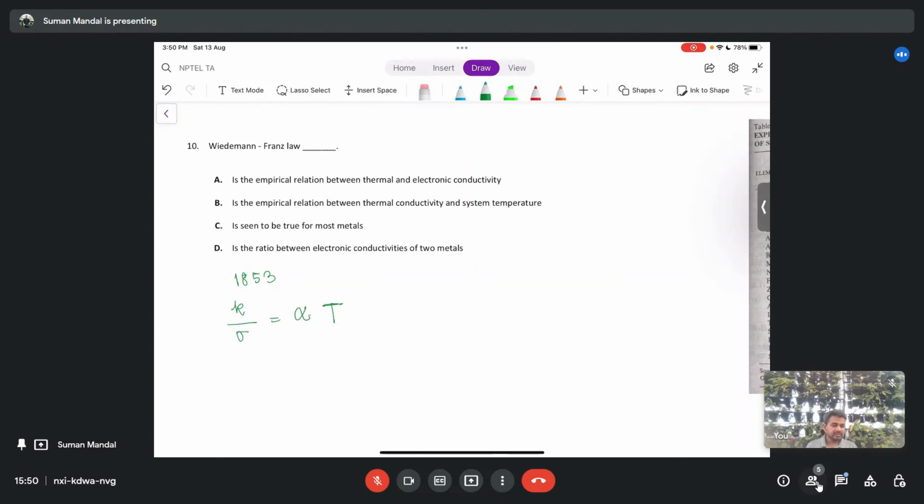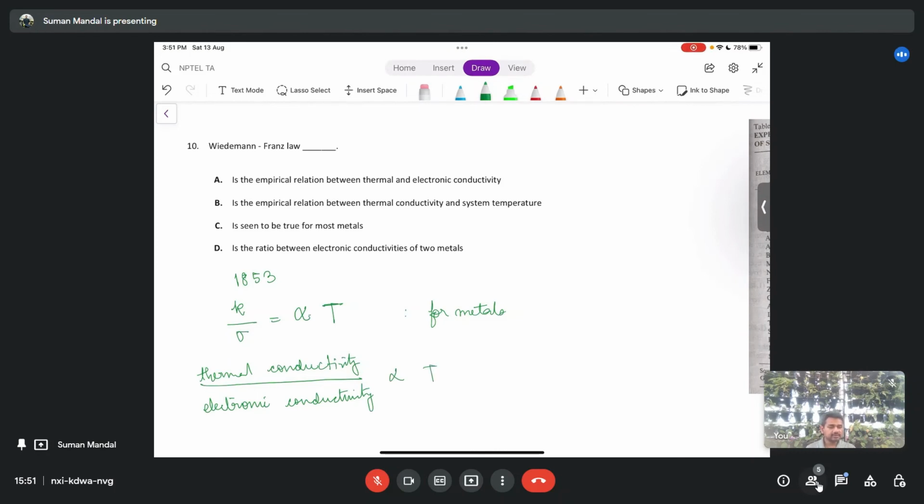So they saw that for metals, the ratio of thermal conductivity to electronic conductivity is directly proportional to the temperature at which it is measured.